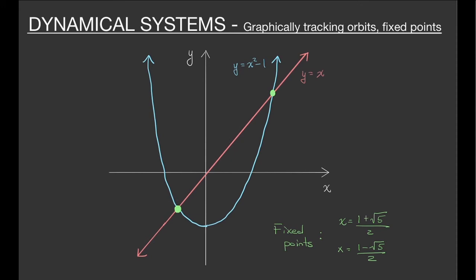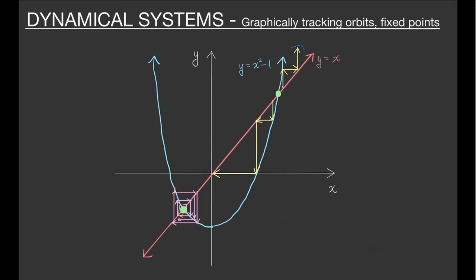Let's fill in what will happen to some representative points that are near the fixed points in this region, and over here. Let's see what happens to them. In this region, as we saw, a point that starts near the fixed point, but let's say a little up and to the right, will escape off to infinity.